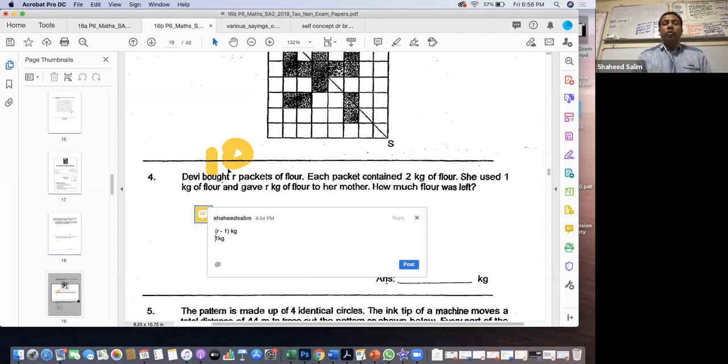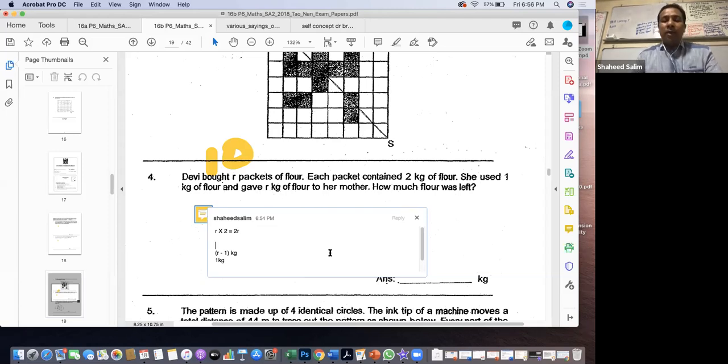All right. So Devi bought, let's say, 10 packets of flour. Each packet contains 2 kg of flour. What do we do to find the total amount of flour? 10 times 2, so do the same thing. Your first step is to take R times 2 equals 2R. So at first there's 2R kg. Then she used 1 kg, and she also gave another R kg to the mother.